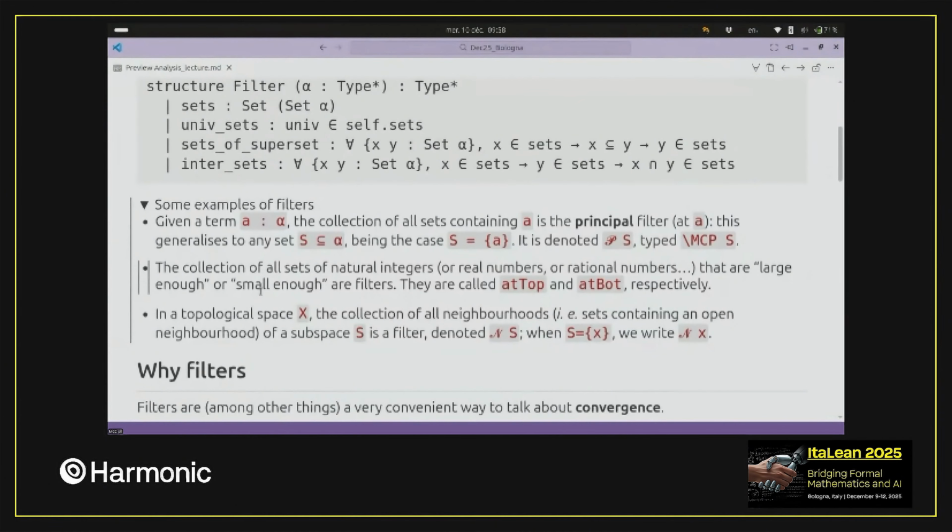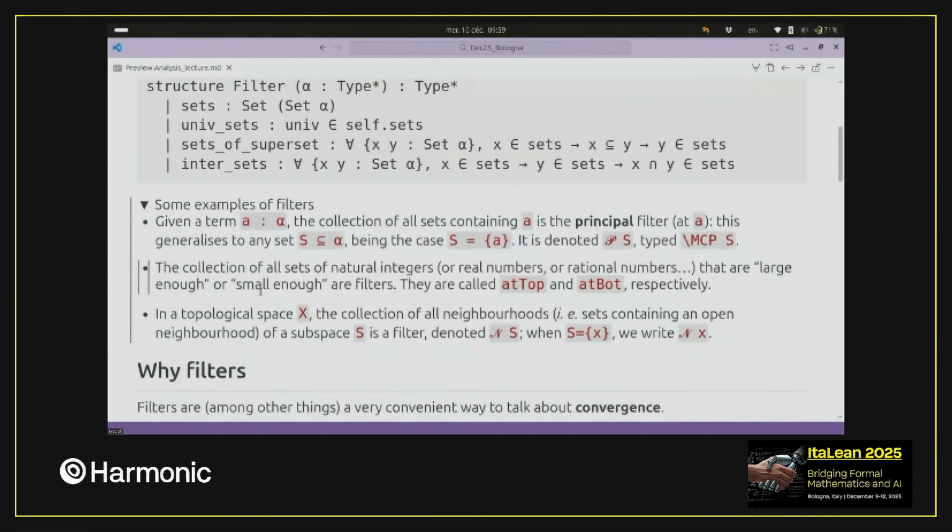Why? First of all, the collection of all natural numbers contains everything above 0, so it satisfies the property. If you have two sets that contain every element beyond a certain point, their intersection will contain every element beyond the maximum of the two bounds. And if you have a set that contains everything from a certain bound onwards, every superset will always contain everything from a certain bound onwards.